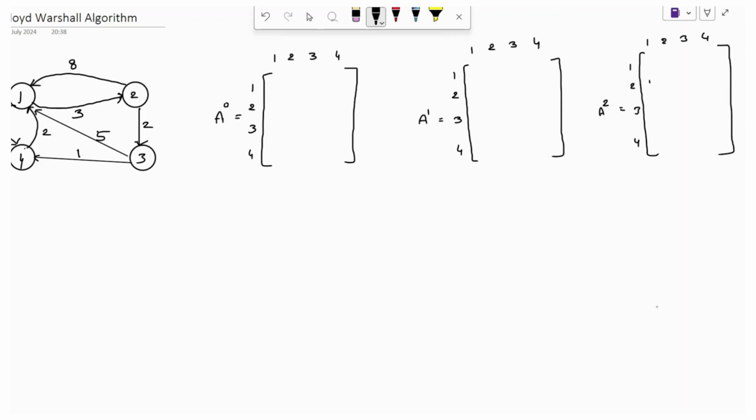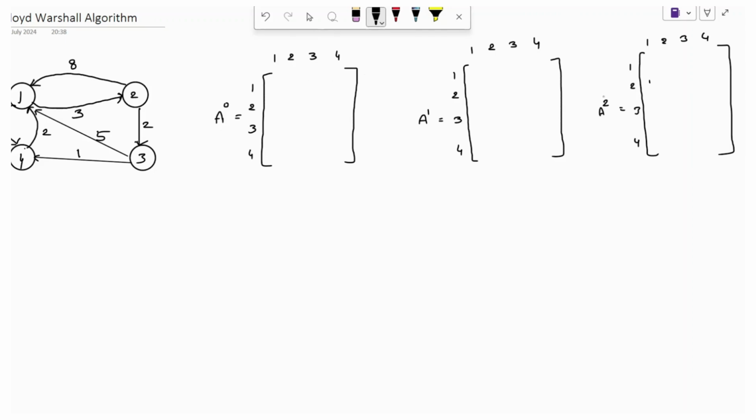Now let us calculate the initial adjacency matrix A0 for this given graph. In this adjacency matrix A0, entry 1,1 will represent the distance from 1 to 1. Entry 1,2 will represent the direct distance from 1 to 2. Here I am not including any intermediate vertices.